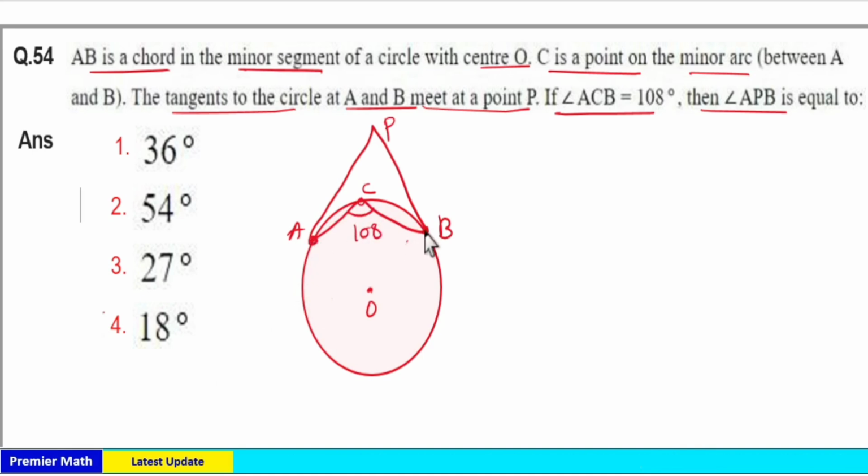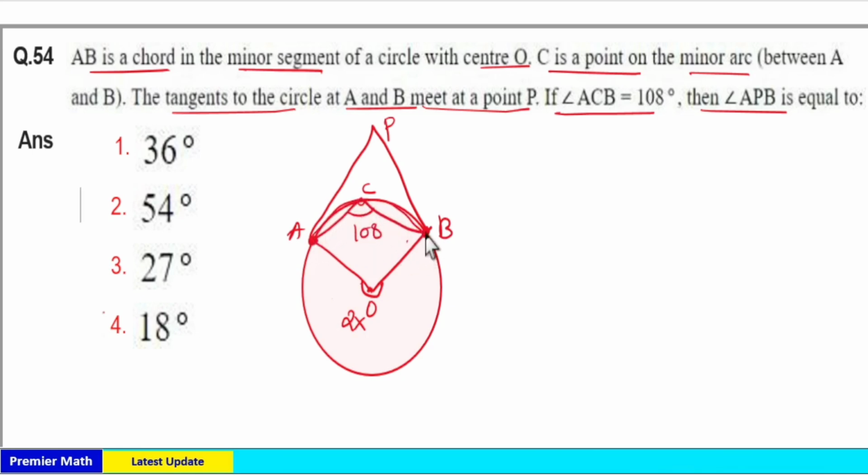Now this is minor arc AB. Angle created by this arc AB at the center of the circle is equal to double the angle created by the same arc at the remaining part of the circle. Here remaining part of the circle is this one.